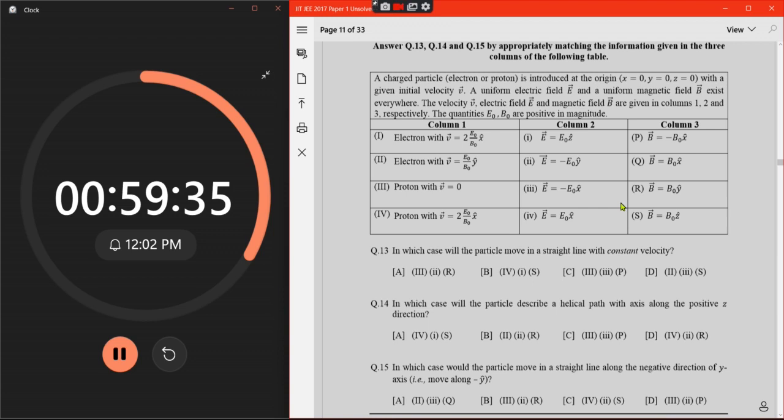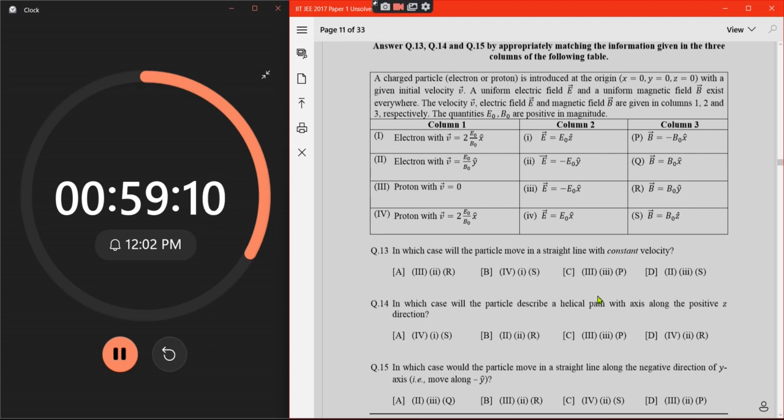Fourth. Which case will the particle describe a helical path with axis along the positive Z direction? Helical path. So the Z component does not actually change, right? X component does change. Wait a second. Magnetic field should just be in the right.